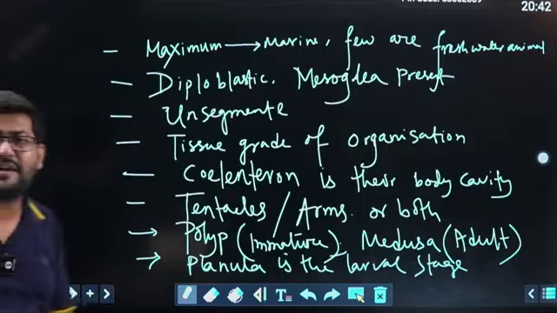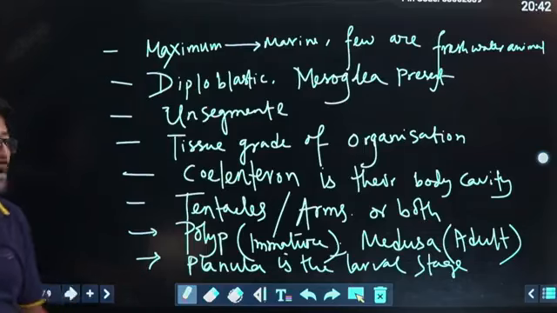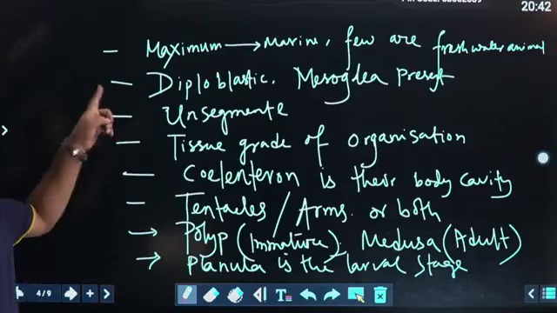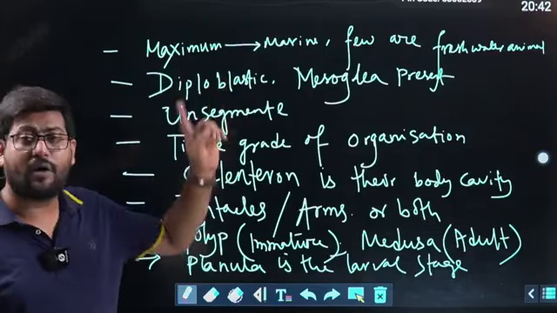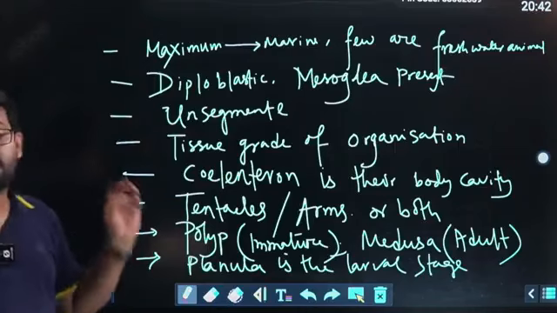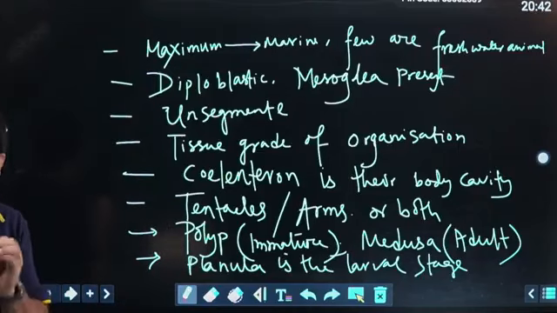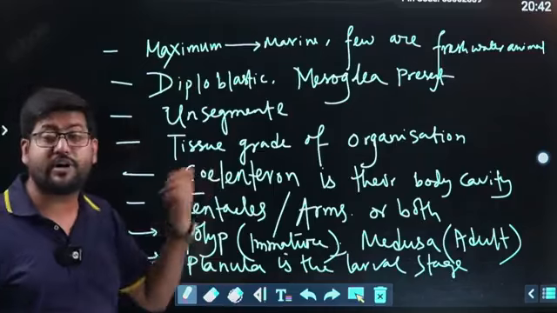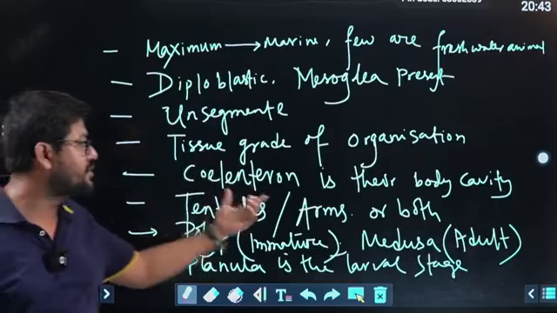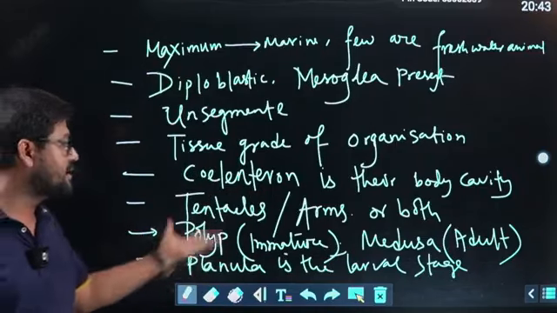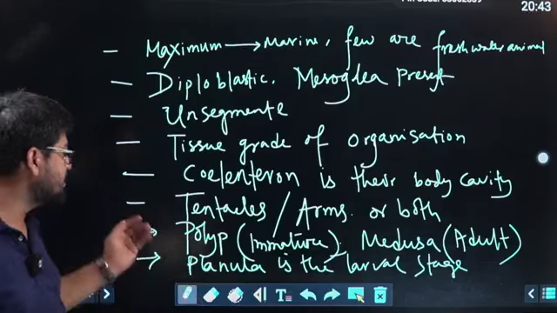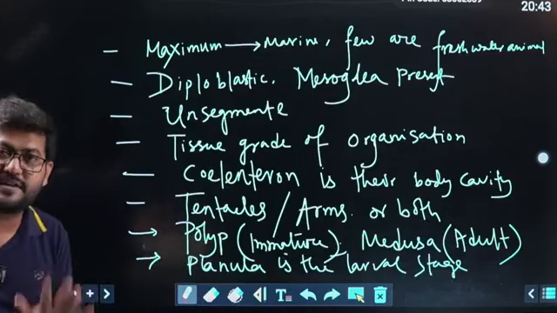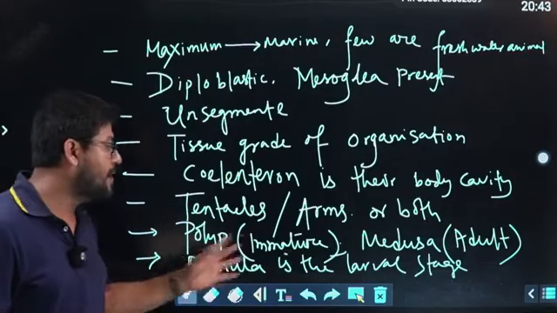You may take a screenshot so you can remember all of these things: marine or freshwater animals, diploblastic animals, mesoglea present, that is a flexible jelly-like acellular structure, unsegmented, tissue grade of organization present. Coelenteron is their body cavity, tentacles or arms or both are present. Polyp and medusa stages are present in their life stage, and planula is the larval stage.